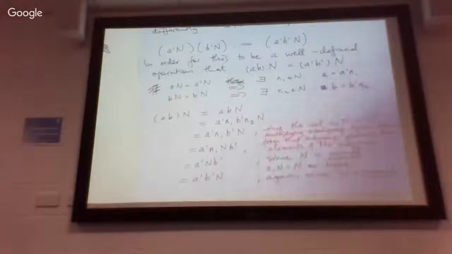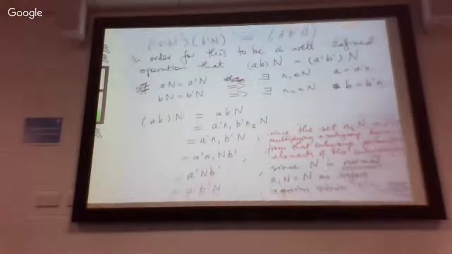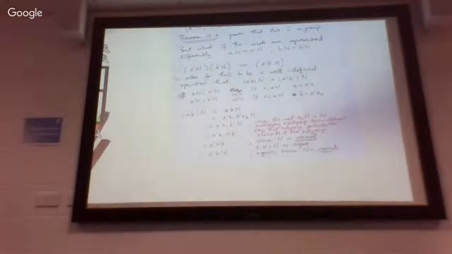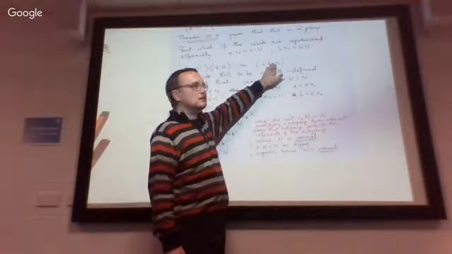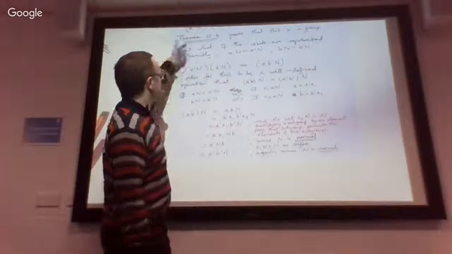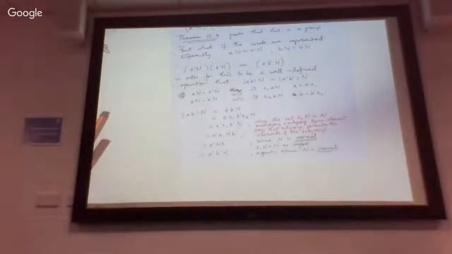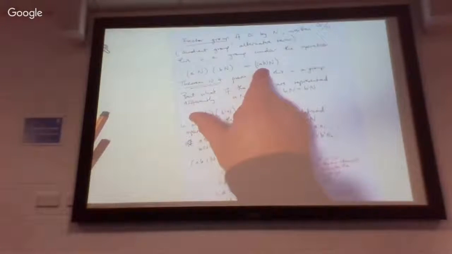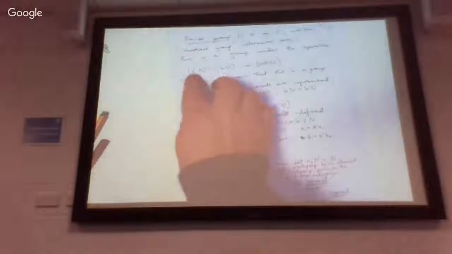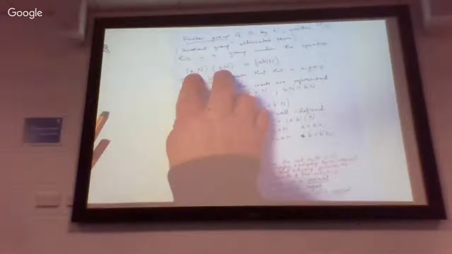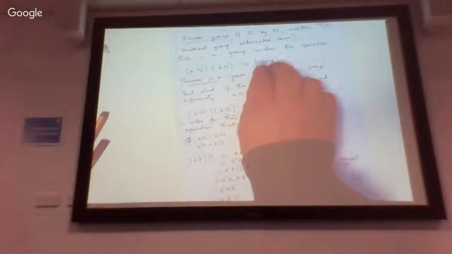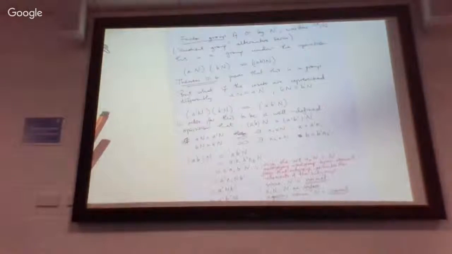Okay, any questions about that? So now we know the operation is well defined. This definition is perfectly good. It doesn't matter which particular element A you're choosing to represent this, which particular element B you're choosing to represent this. The product of them will always land in the same coset.